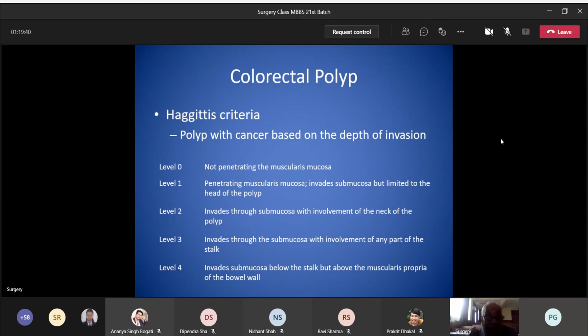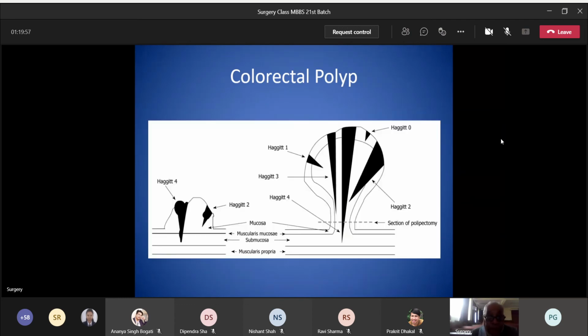Then there is Haggitt's criteria, which depends upon the depth of involvement. They have divided it into fine levels of invasion, level 0, 1, 2, 3, 4. Just remember that there is one classification like this, and I'm not going to talk about all of this.